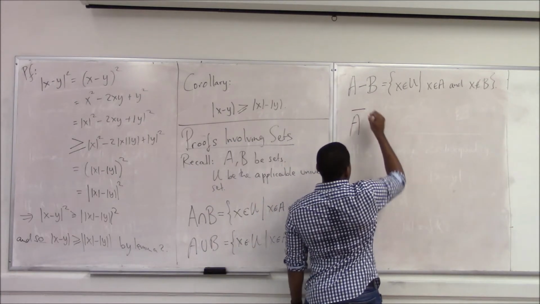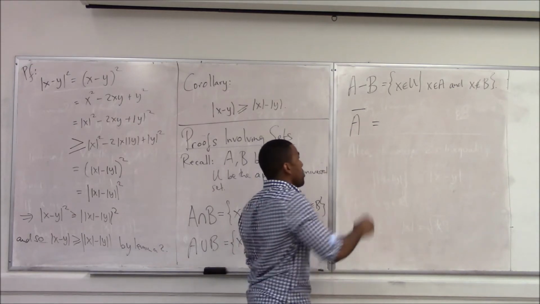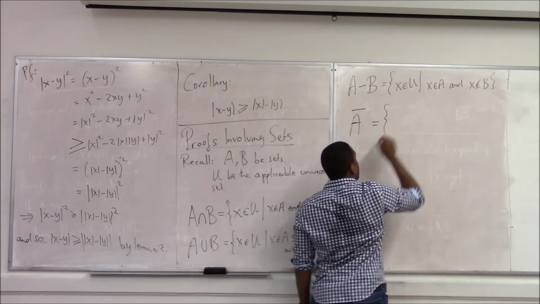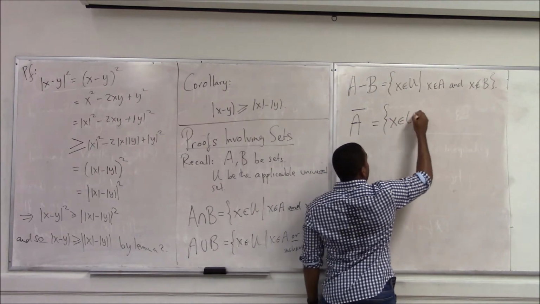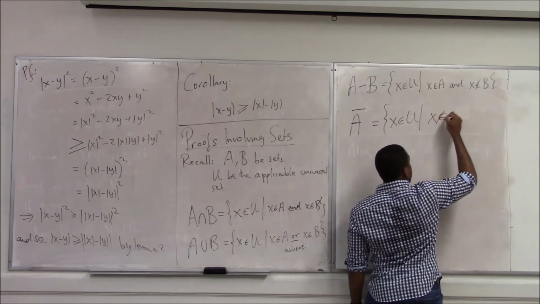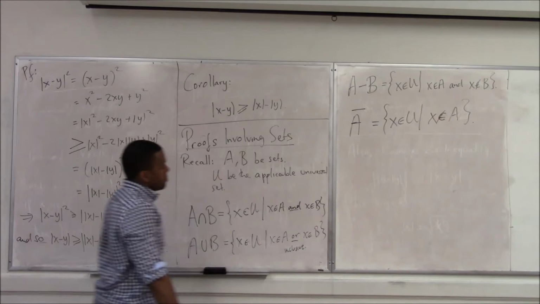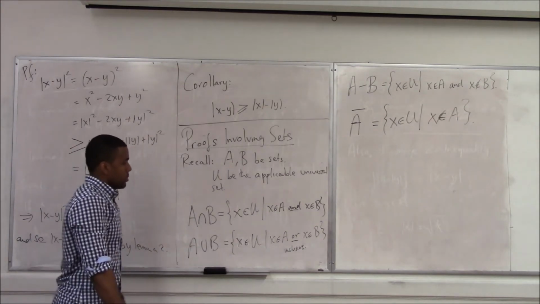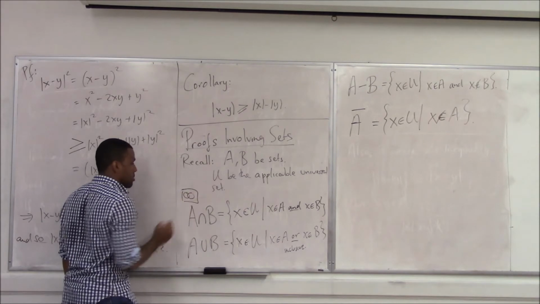What about A complement, and what does that mean? The set of all x in our universal set such that x is not in A. Right? Anything that is not in A is said to be in the complement of A. So all of these have little pictures that you can draw. I know we haven't really focused on the picture.